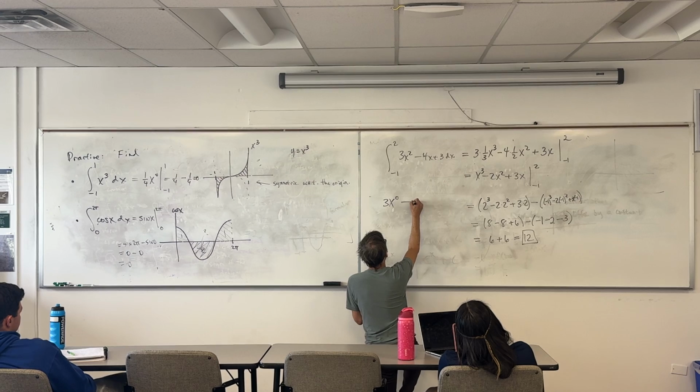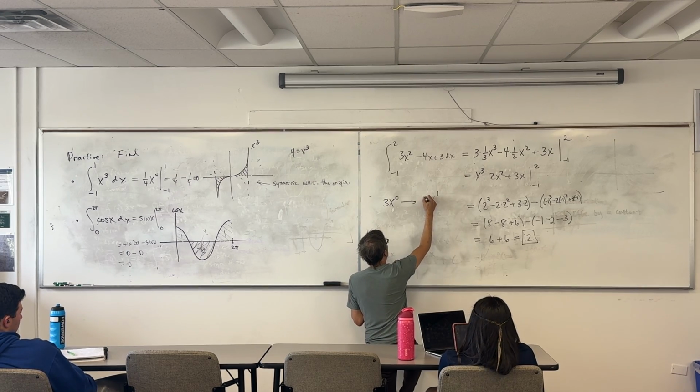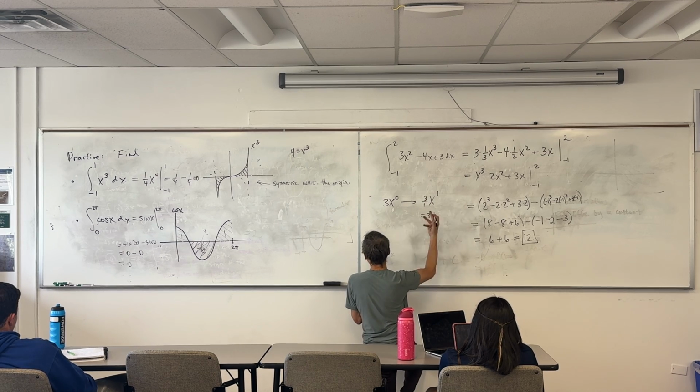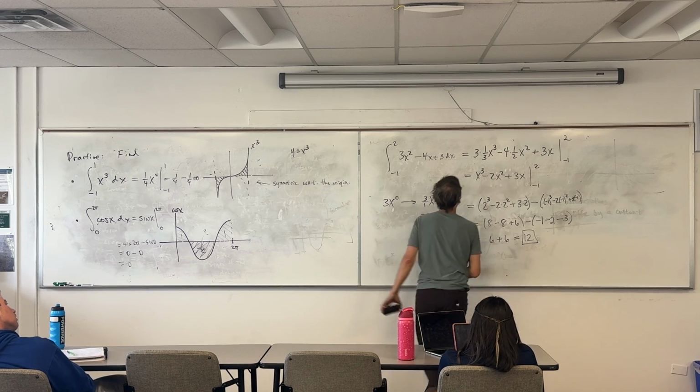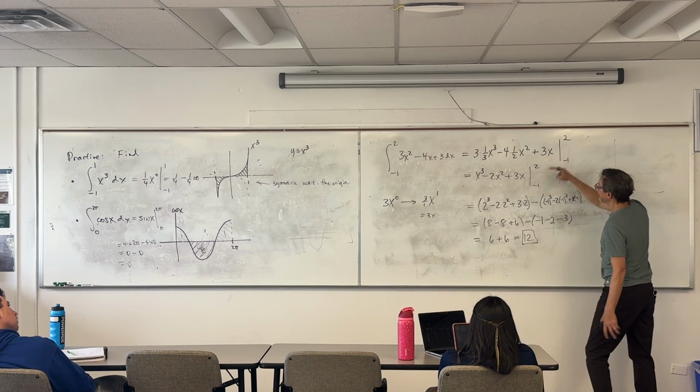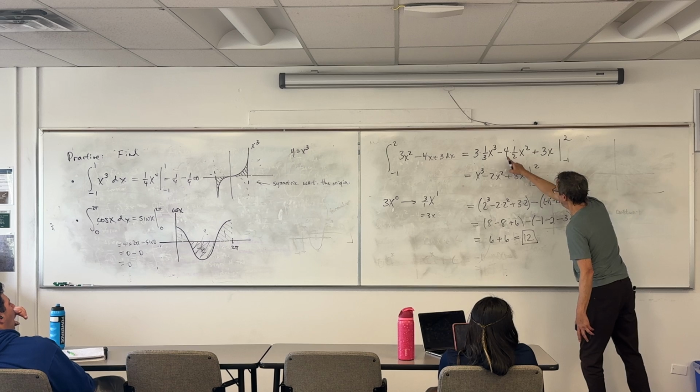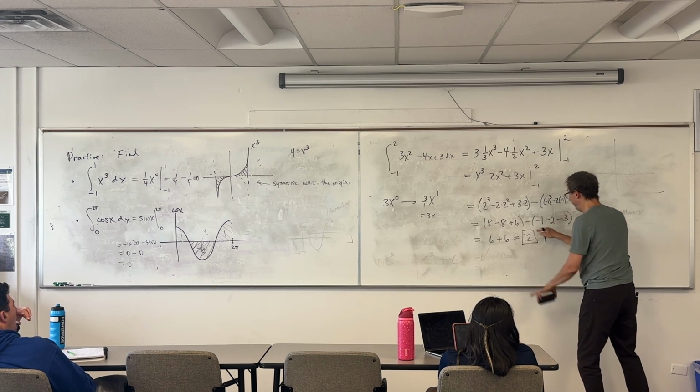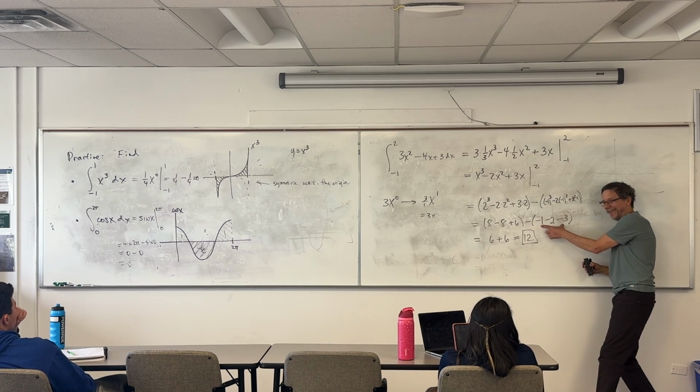You could think, well, what's the antiderivative of that? Bump up the exponent, divide by the new exponent. So you just get 3x. You could use that reverse power rule that we were talking about. So you get 3x. Simplify, plug in your limits, keep parentheses. Parentheses can kill you. Keep that stuff together.